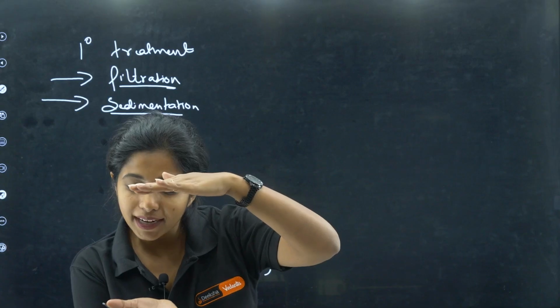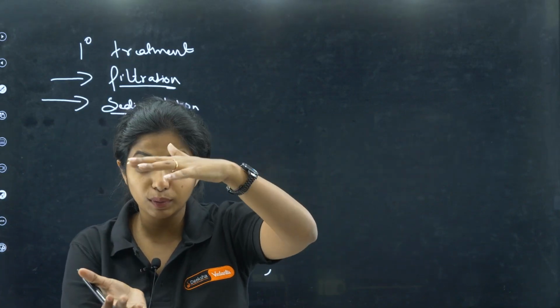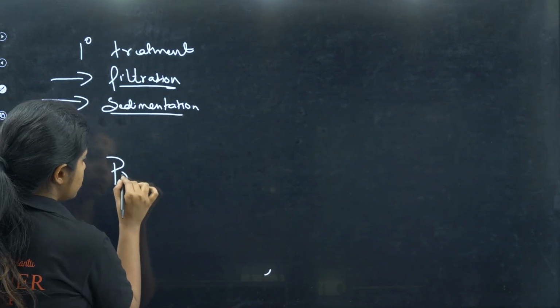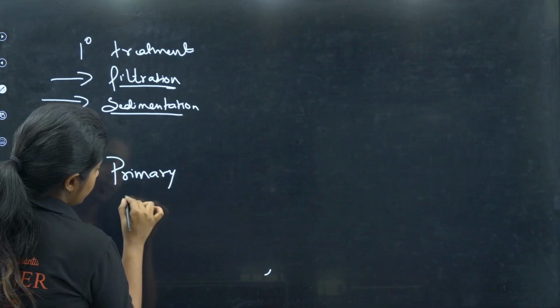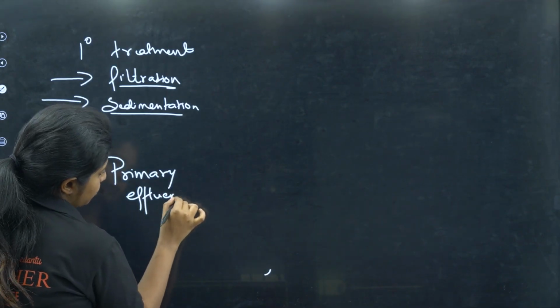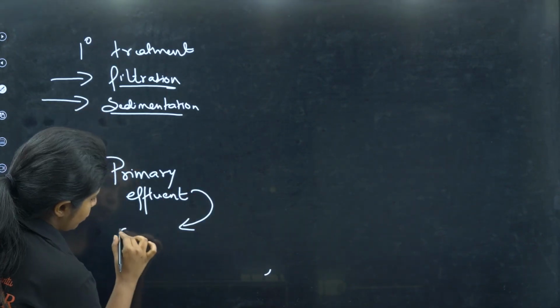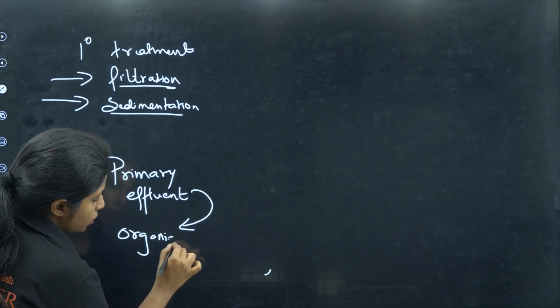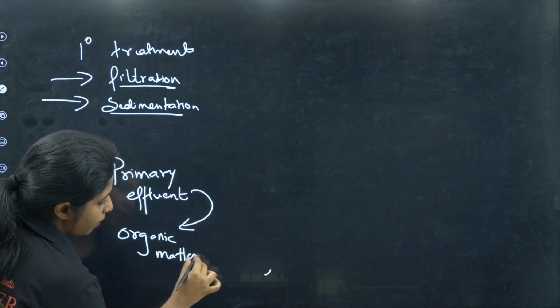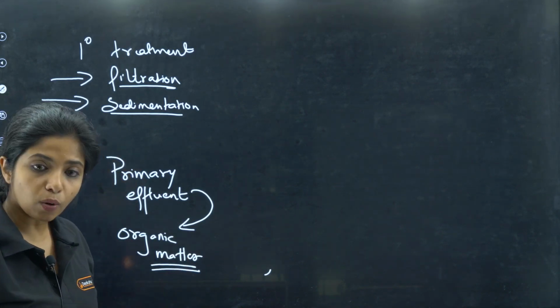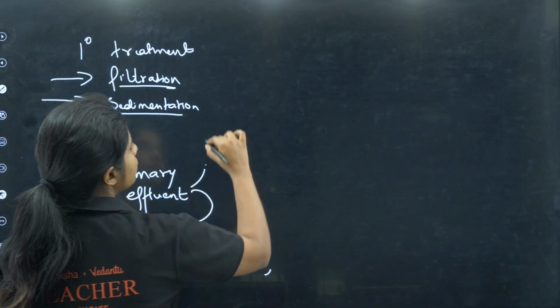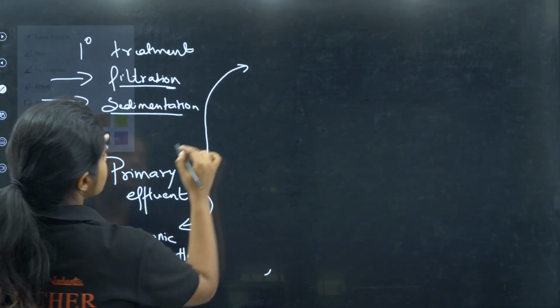Now what is left behind? There is an effluent that will be left behind, and this is known as primary effluent, which has so much organic matter in it. Cool?